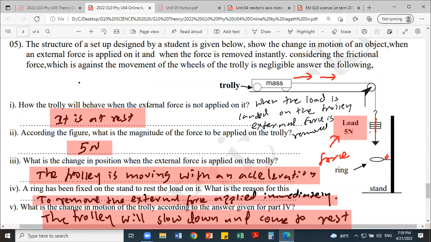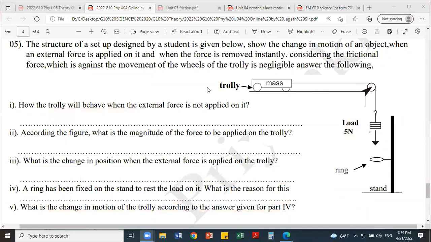Now, number 6. Force acting when the load is placed on it. What is the force?